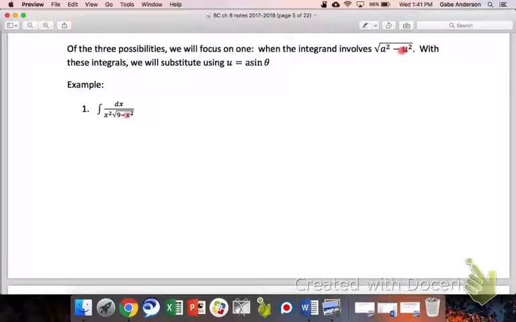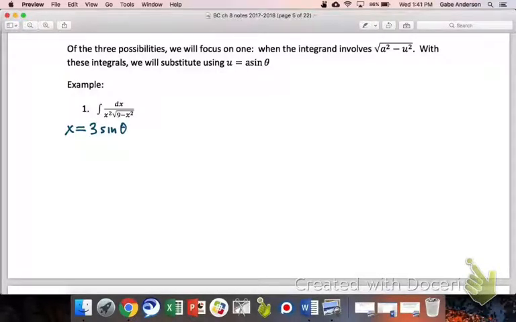I don't think u would be x squared. I think u would be x, because u squared goes with x squared. So I'd say u is x. So for my substitution, x equals, what's my a value? 3. Okay, so we're going to go 3 sine of theta.